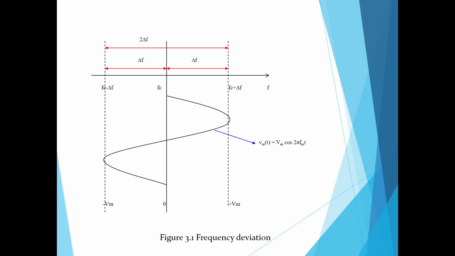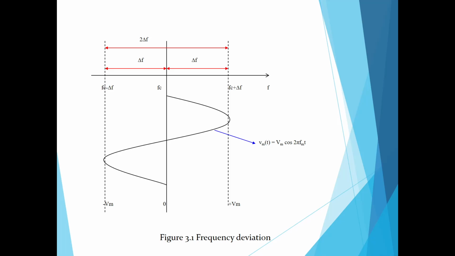In angle modulation, both frequency and phase are related to each other. If we change the frequency, the phase of the carrier also changes indirectly. So both frequency and phase are related to each other.